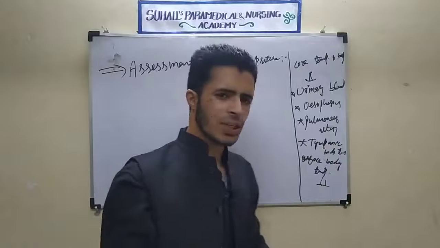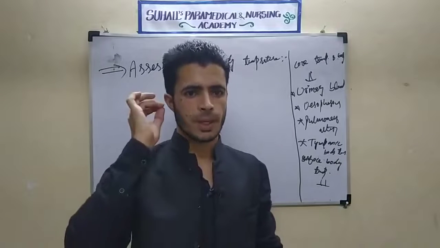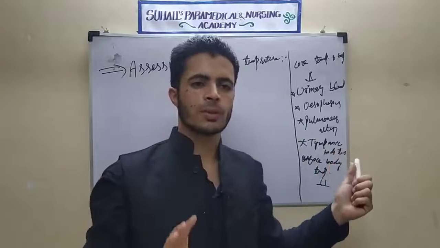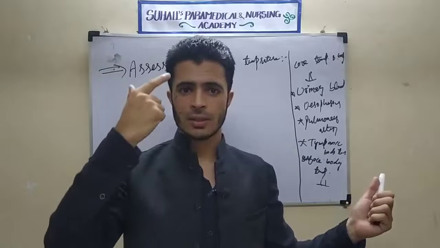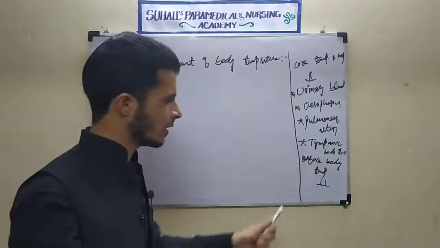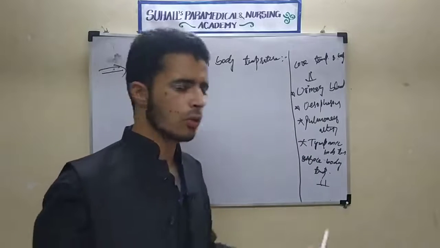That is why it takes only 1 to 2 seconds to calculate the body temperature from the tympanic side. So this is also considered core temperature, because it has a direct connection with the hypothalamus. So it gives the correct data also. That is why we have considered this in the core temperature. And surface body temperature, I told what these are.